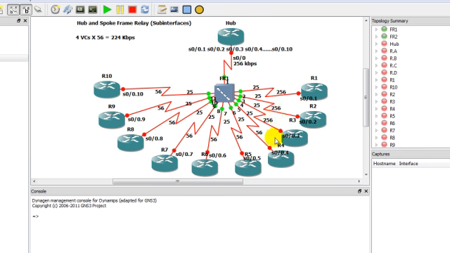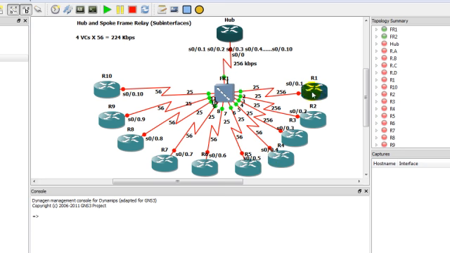It means each sub-interface here, look at this, I have sub-interfaces 1, 2, 3, and 4, and also here in the hub router I have serial interface serial 0, 1, 2, 3, and 4. Just concentrate on 4, neglect the 10 routers here.